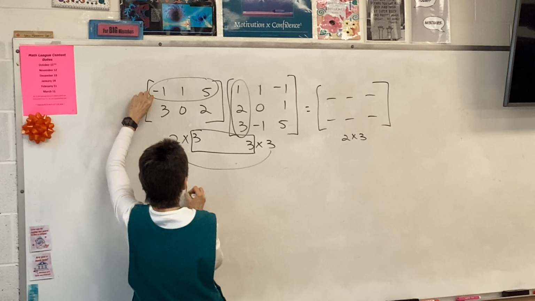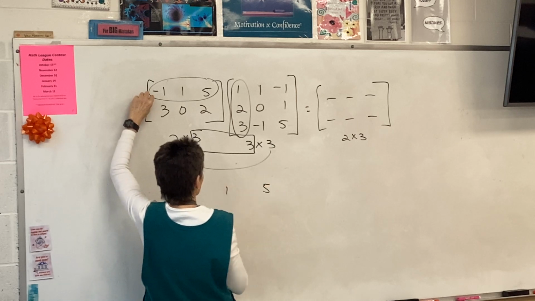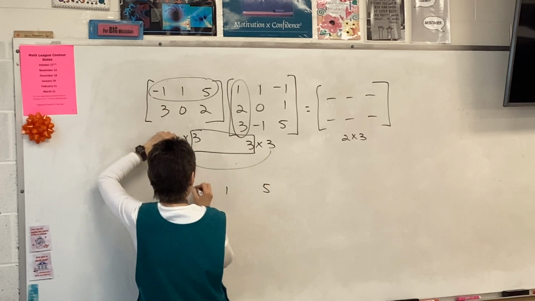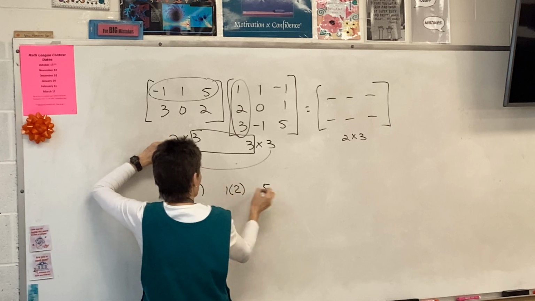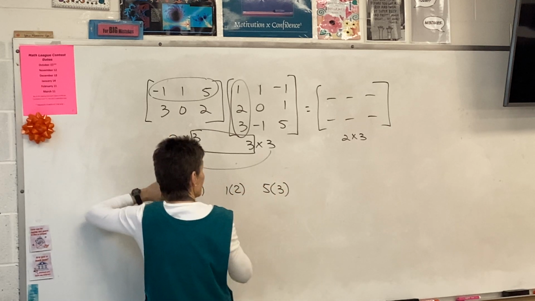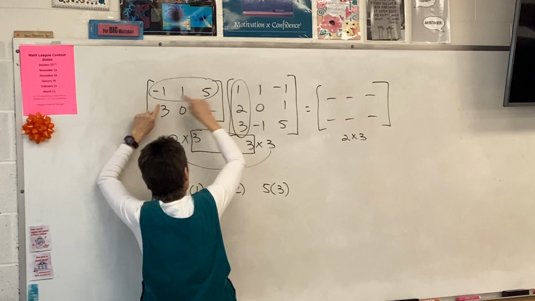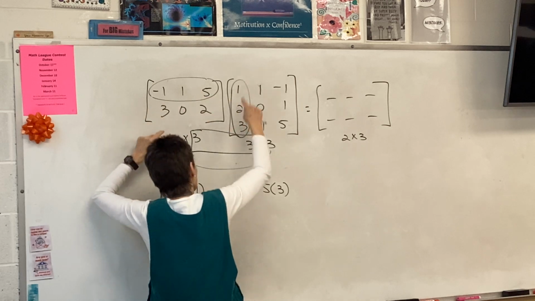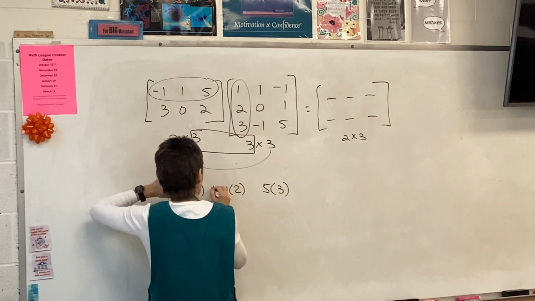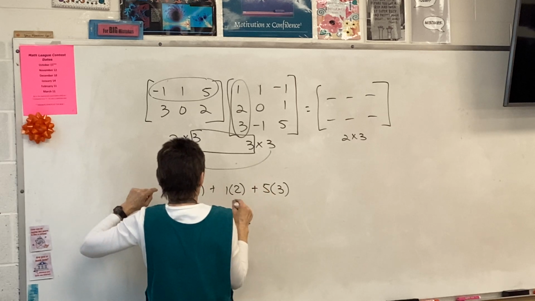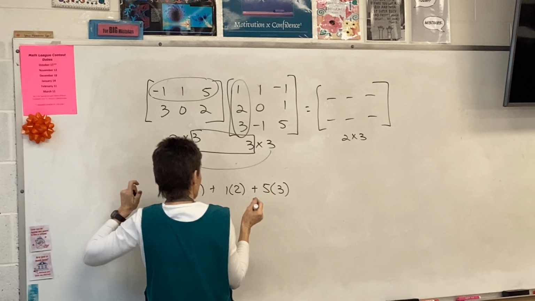So row 1 numbers, column 1 numbers, and it is always row from the first matrix, column from the second matrix. Did you guys get 16?